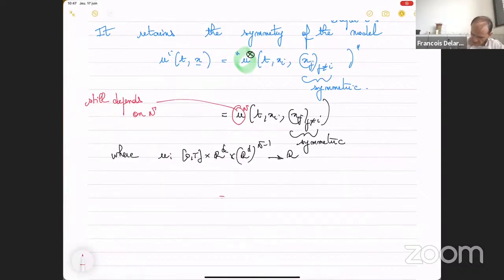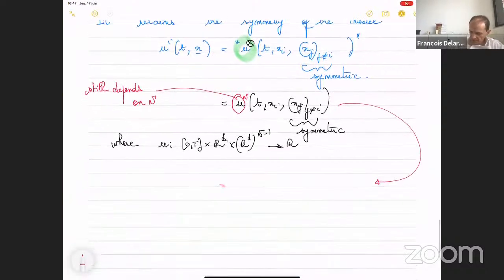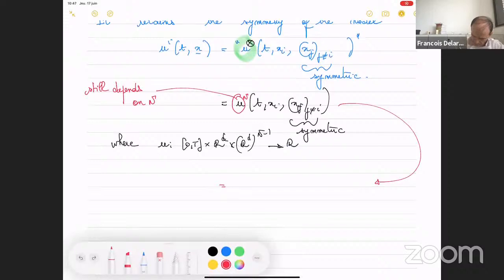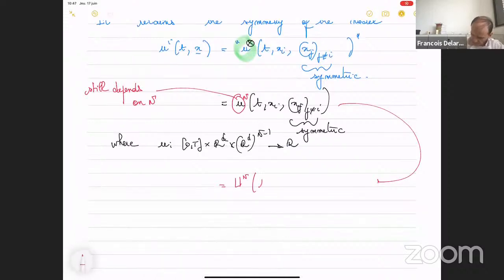So I could reformulate this as u^N(t, x^i, and then the empirical measure of the others).